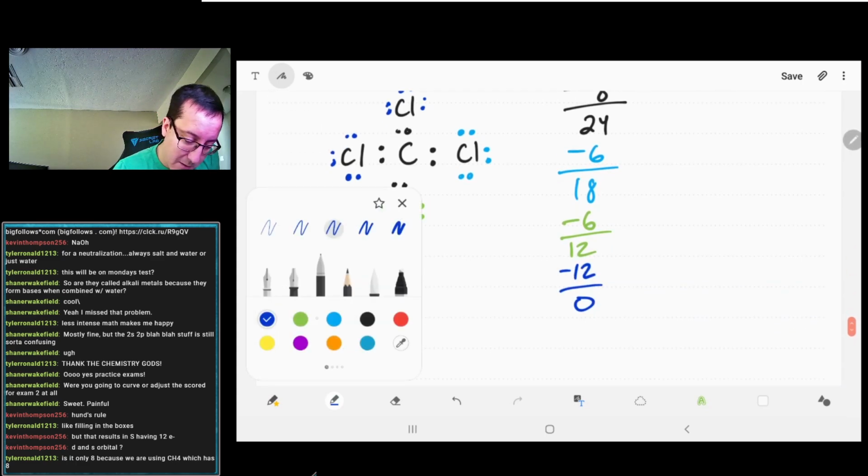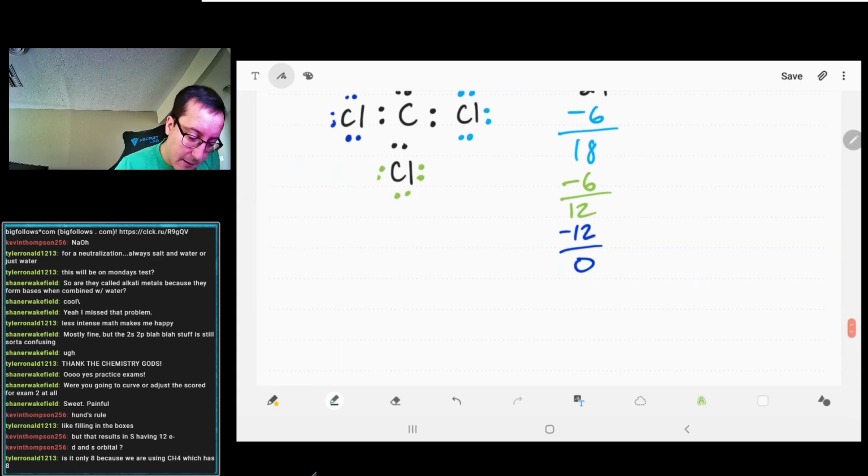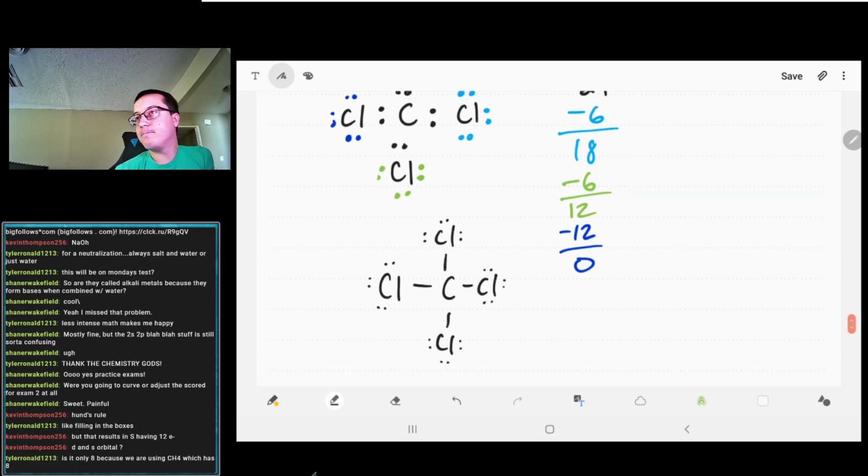So we would just maybe redraw it a little bit more neatly. Okay, that works. Don't forget your electrons that are on your outer atoms. And this would be our completed structure.